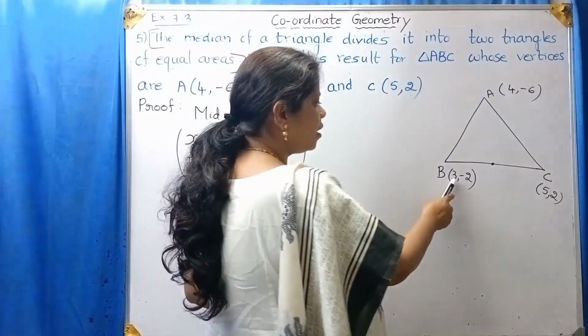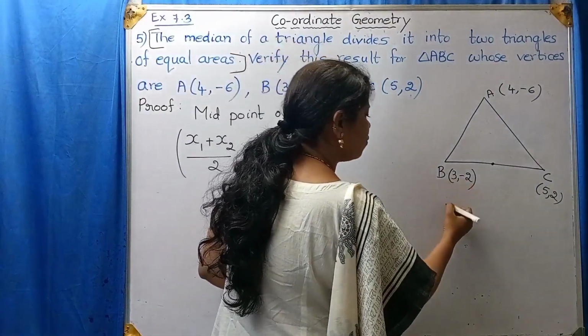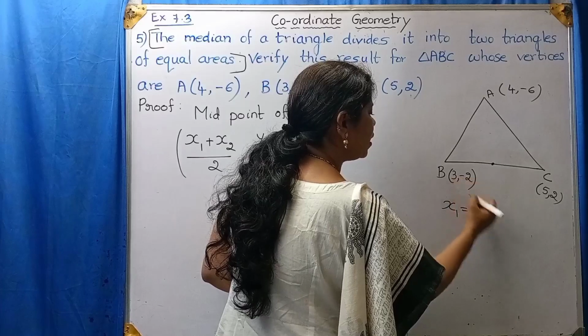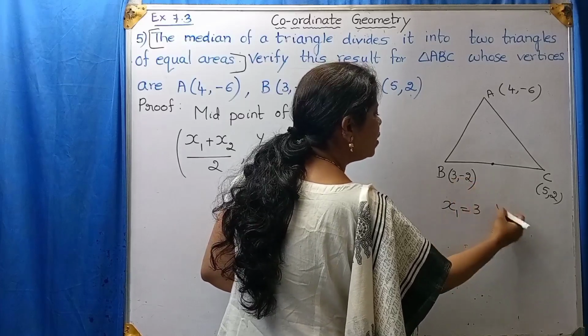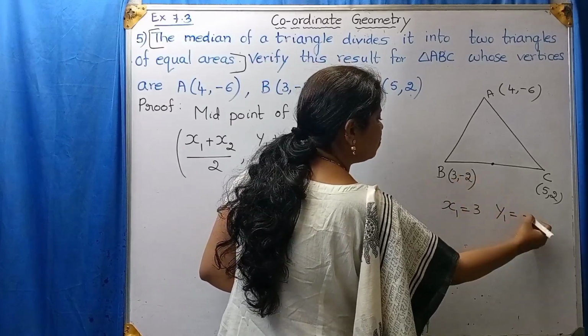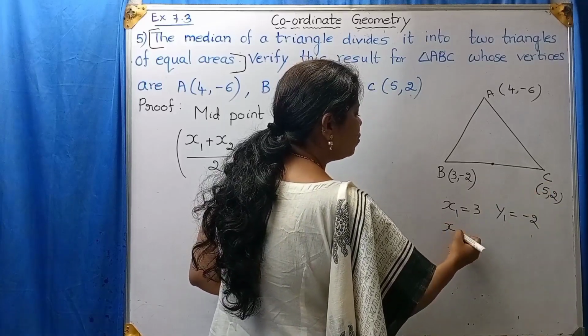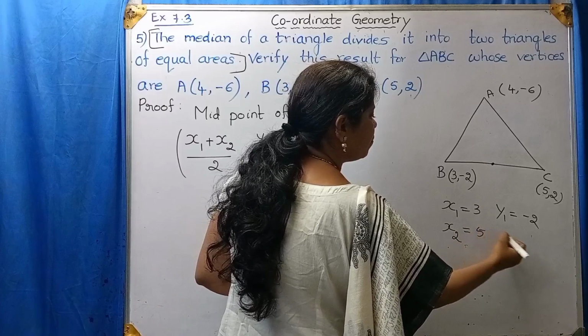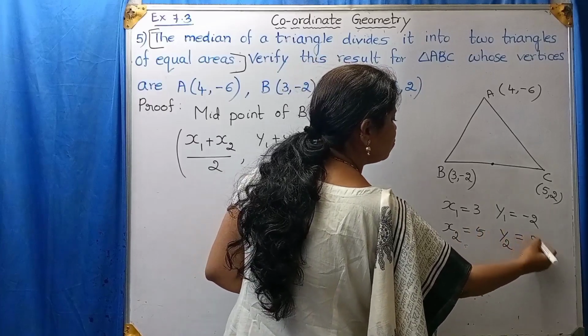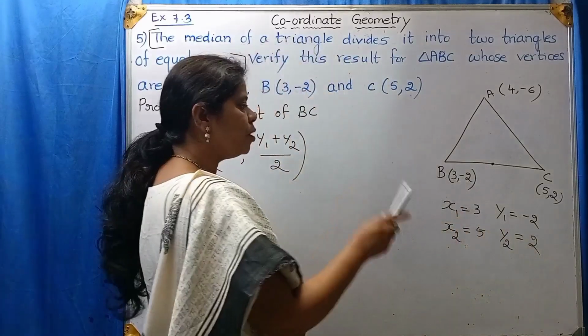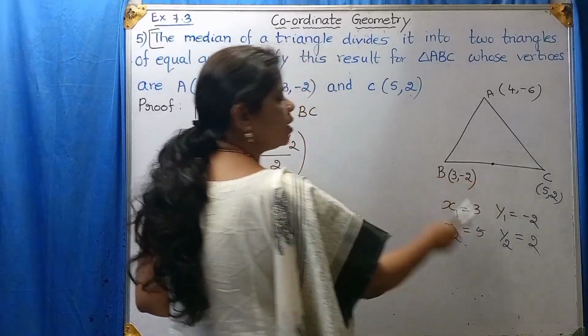See here, B is (3, -2), therefore x1 is 3 and y1 is -2, and C, x2 is 5, y2 is 2. Since we are finding the midpoint of BC, we have to take it like this.